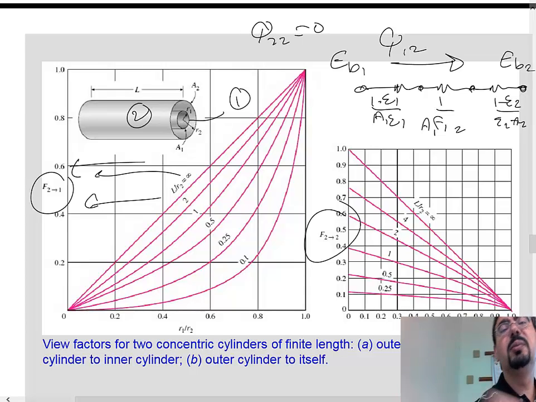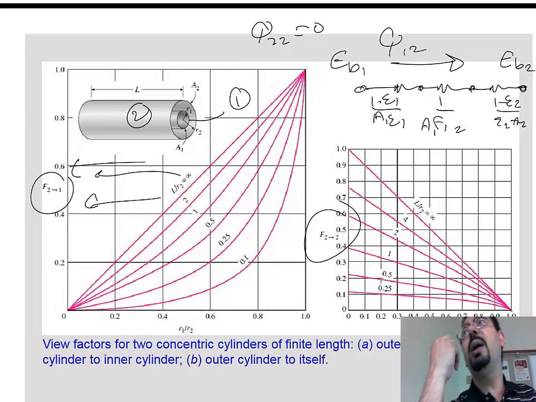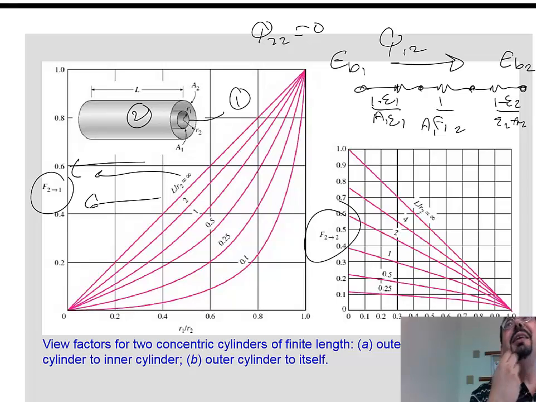Q22 is 0, although F22 is not 0. Does this make sense? So why is F22 not 0? Because surface 2 can see itself. So the radiation leaving 2 can go and hit the other part, right? But at the end, when you calculate the Q, the net heat transfer by radiation is 0.